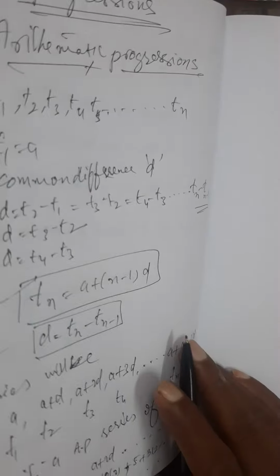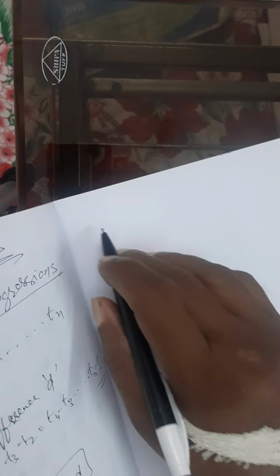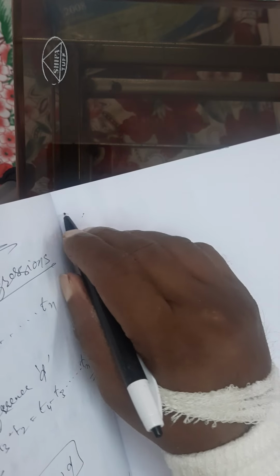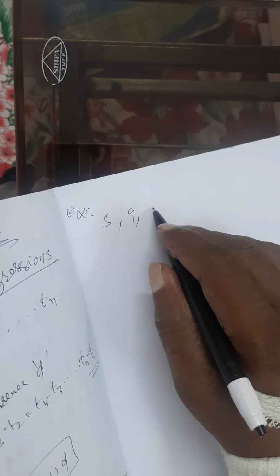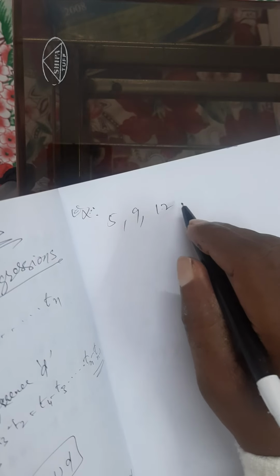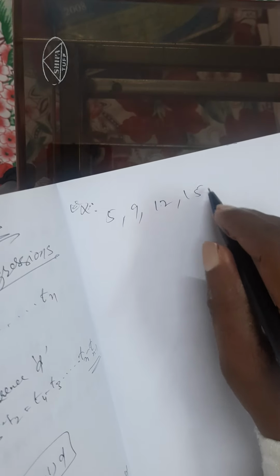So a common difference is there. Sometimes you will get a series and we have to find whether the given series is arithmetic or not. Example: 5, 9, 12, 15, 20, dot.